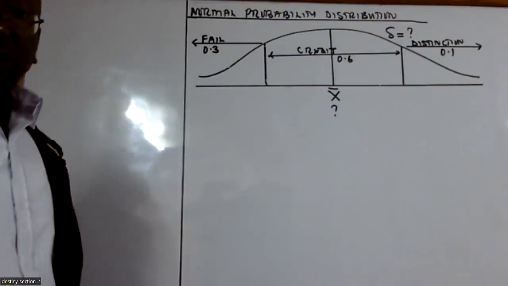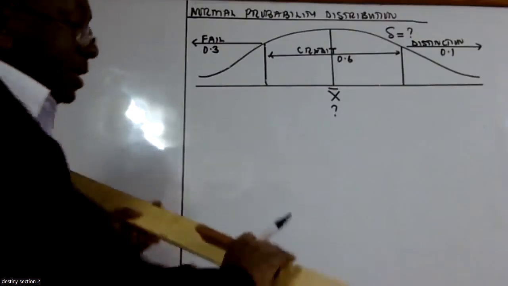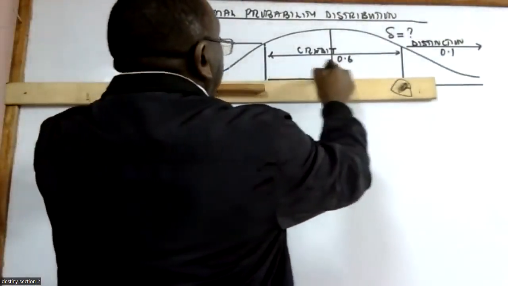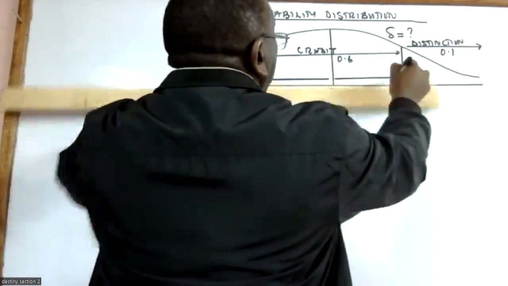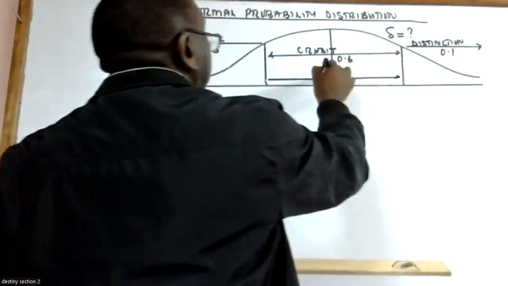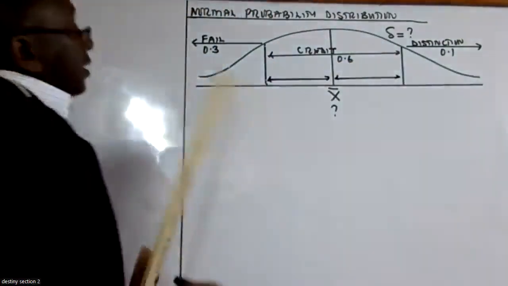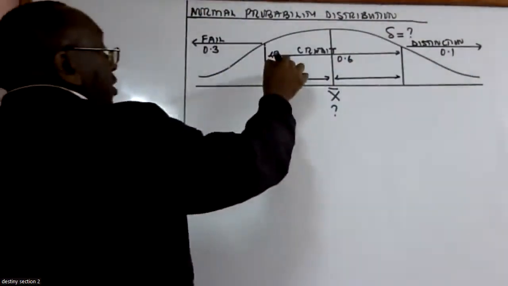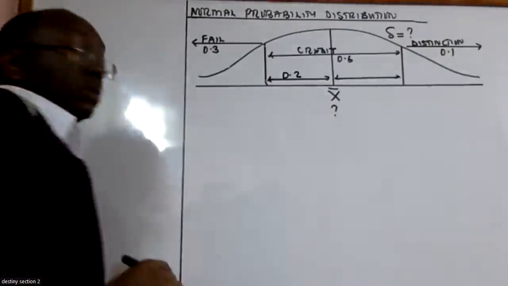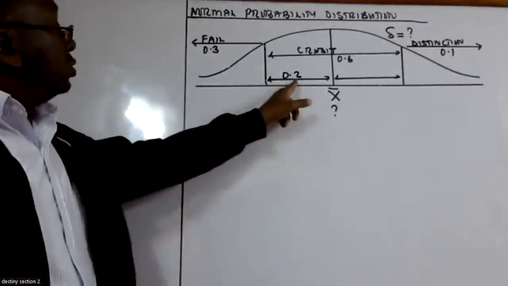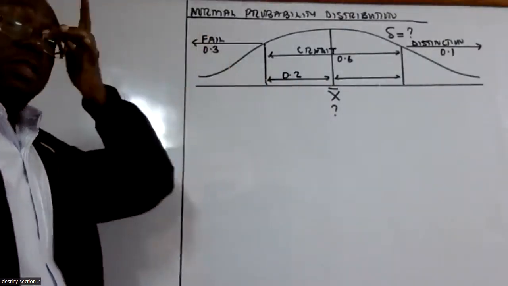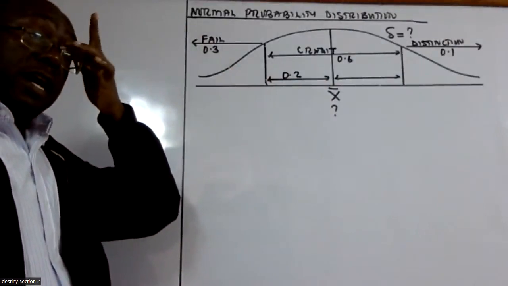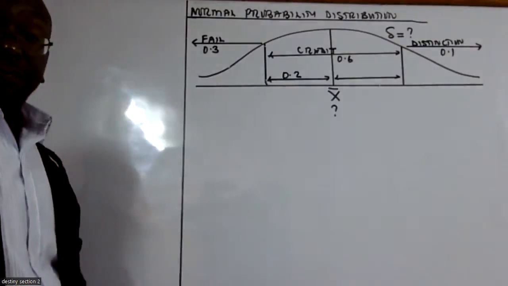And going by what we know about the normal probabilities, that this must always add to 0.5. It then means that this side upper is 0.2. So that this 0.2, you add to this 0.3, they give you 0.5.